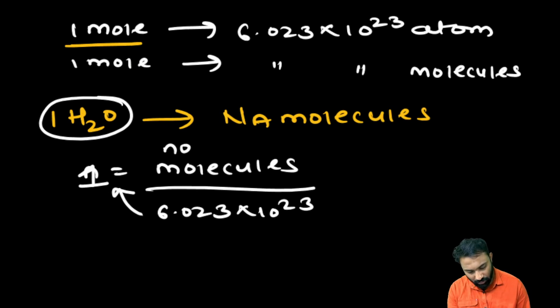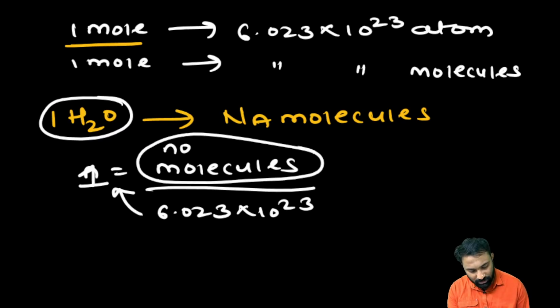If you cross multiply, if you take it to the left hand side, the number of molecules present in 1 mole of H2O is how much? 6.023 only, right? See, 1 mole of H2O has the Avogadro number of molecules. 1 mole means you keep it as 1 here. Just the Avogadro number.